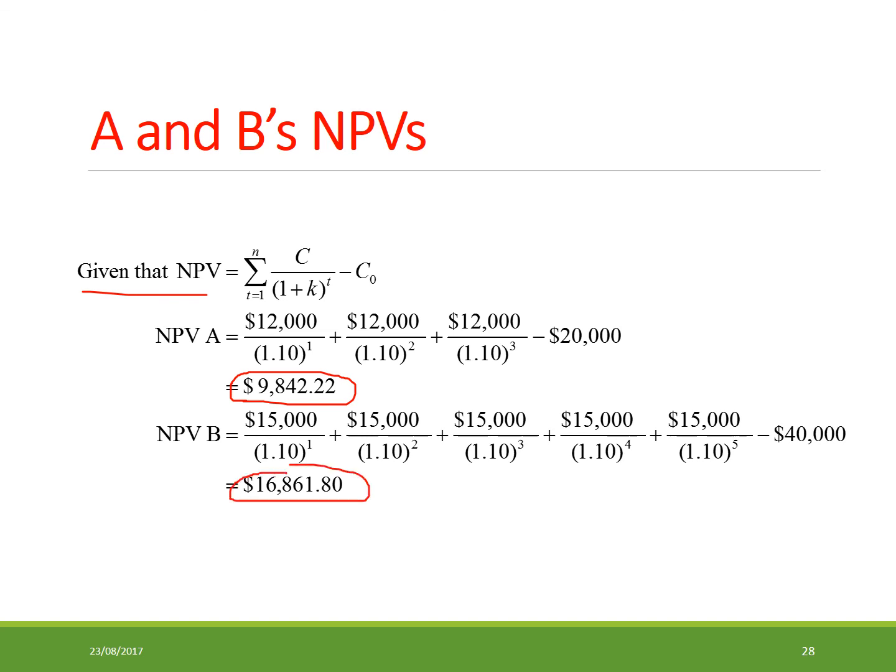Project B gives us a bit more, around 16,000. But we know that we're biased here because for project B we have 2 extra cash flows, whereas for project A we stop here at year 3, right? So we've got to do some adjustments here.